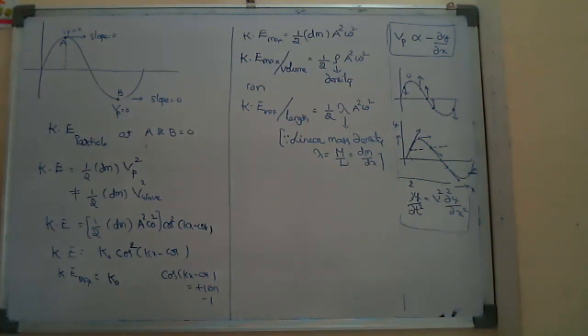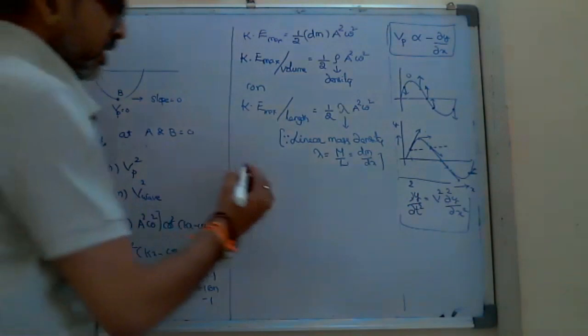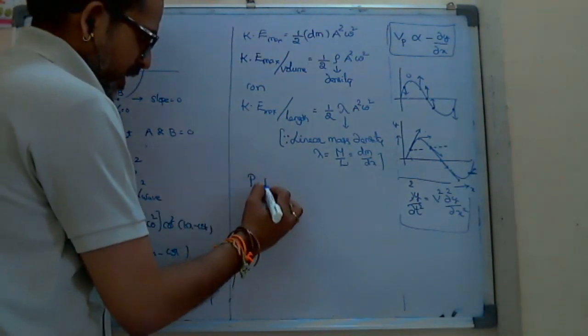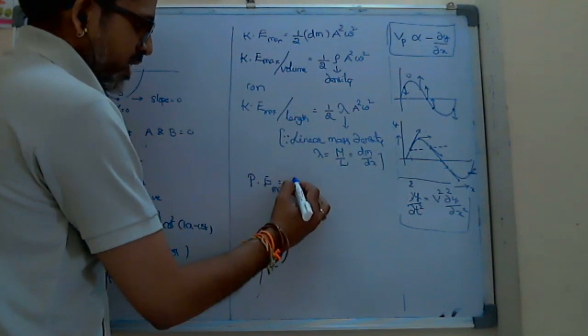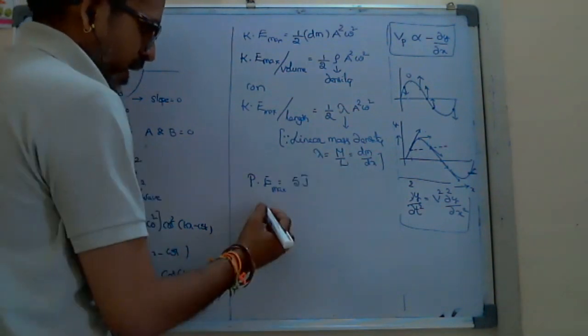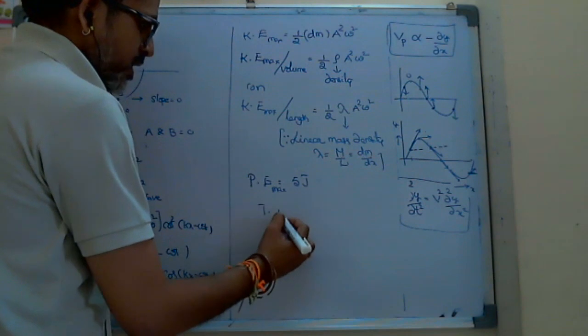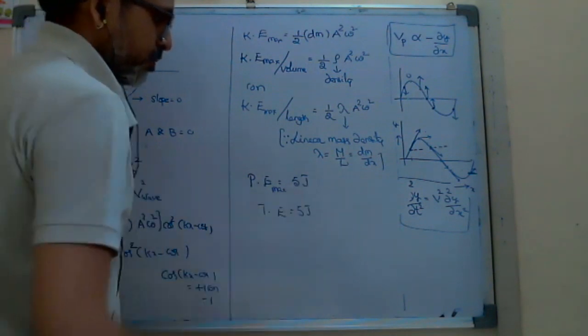Then here we have to understand one thing we learned from the oscillations chapter. In oscillations, if the potential energy is something and its maximum value is say 5 joules, I can't say the total energy is equal to 5 joules.